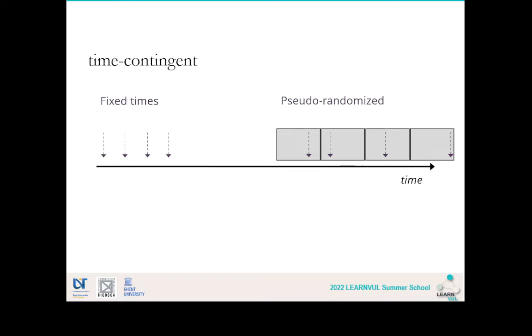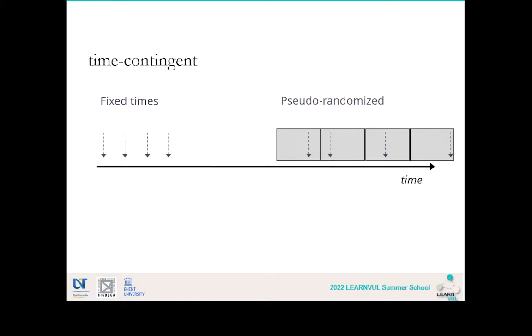So the alternative is to have windows. Imagine I want an interval of 4 hours, let's say more realistic. Within that interval of 4 hours, I'm going to randomly send a prompt.